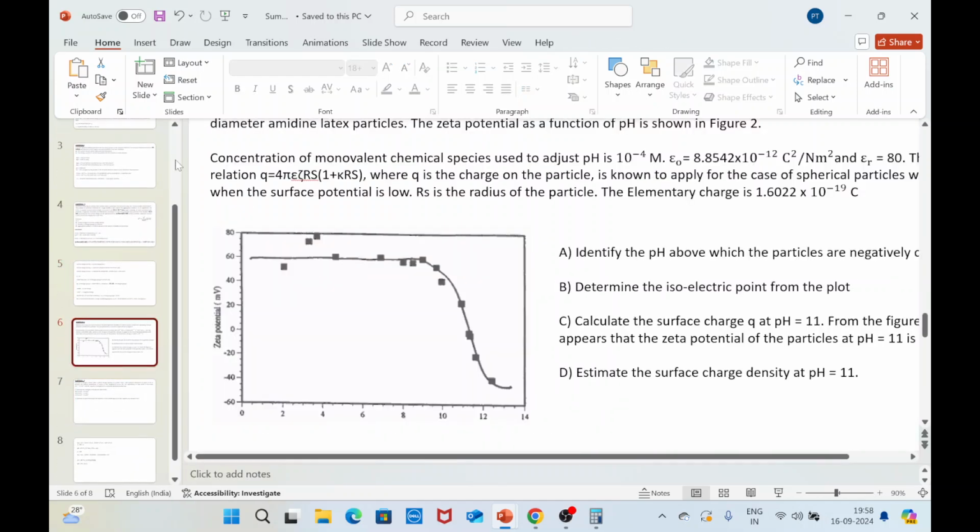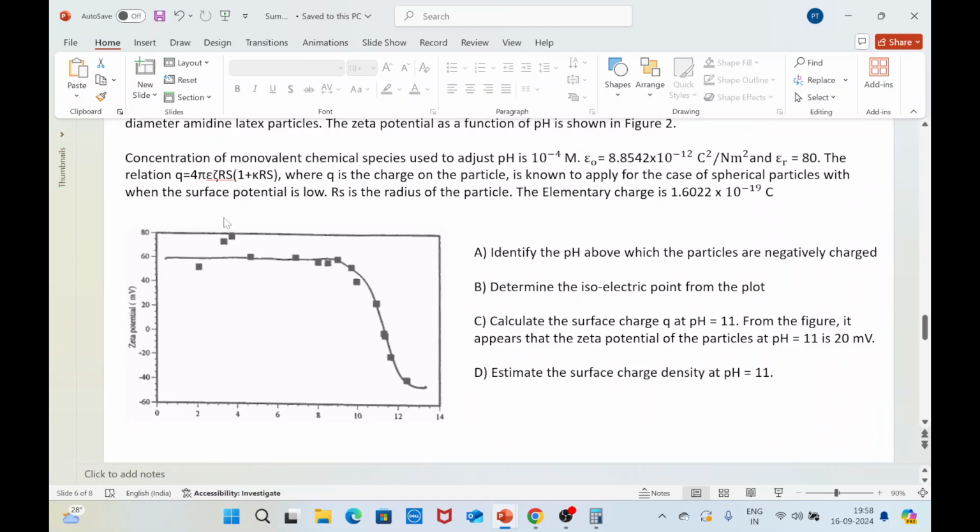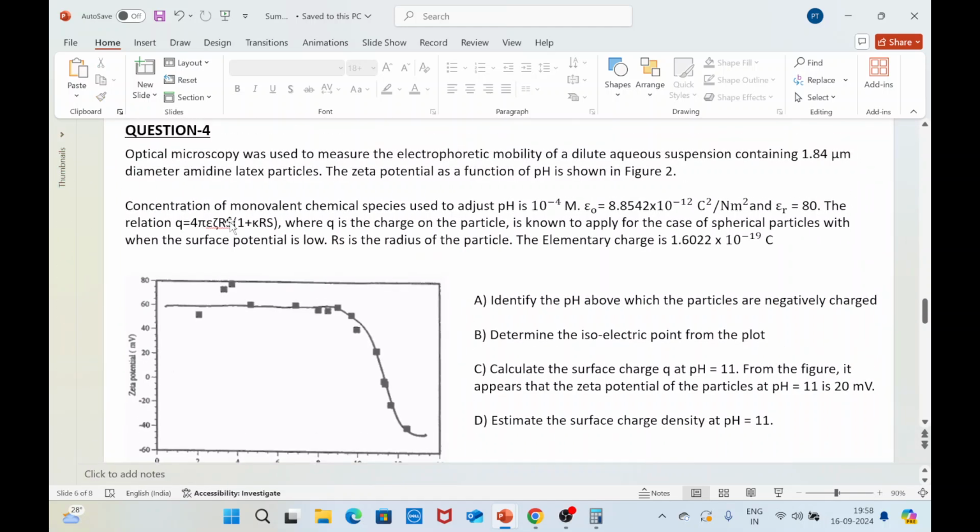Yeah. So again, this is also a very simple one. This is your week 8 practice question. It states that optical microscopy was used to measure the electrophoretic mobility in a dilute aqueous suspension containing 1.84 micrometer diameter amidine latex particles.